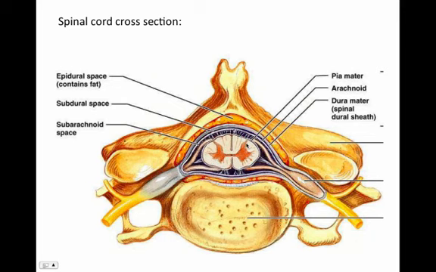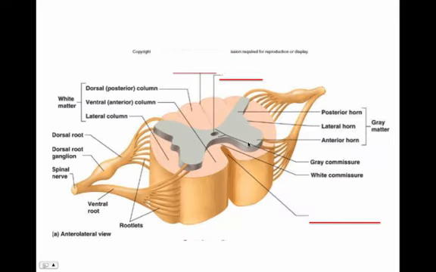Let's take another look where we're just looking at the spinal cord itself. In this case, here I can see the dorsal root ganglion, so I know this is the dorsal side. Name this structure. The answer is the posterior median sulcus. The little hole goes right down the middle of the spinal cord, carrying cerebrospinal fluid to nourish these cells.